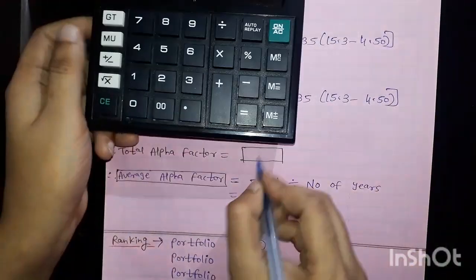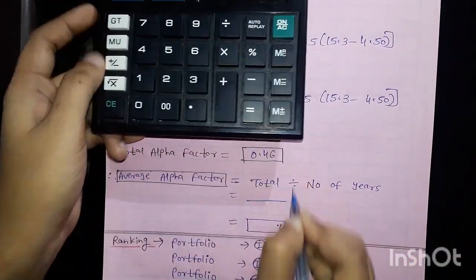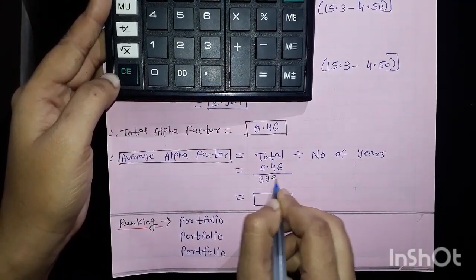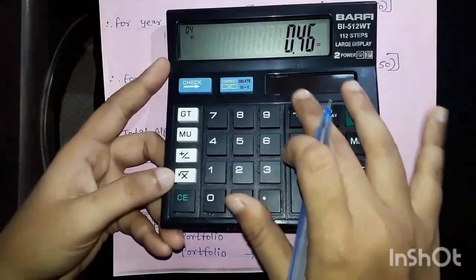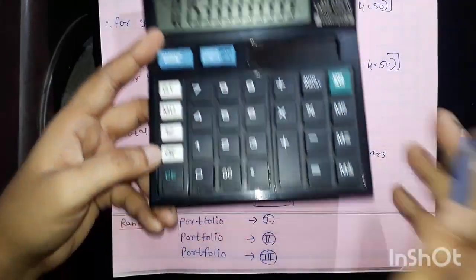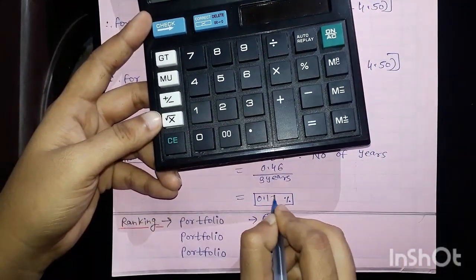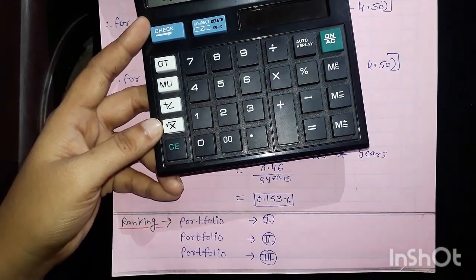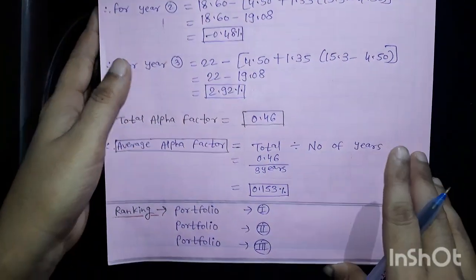Here I got 0.46. So 0.46 is the total, divided by 3 years, here I got 0.153, 0.153. So now we will go for ranking.